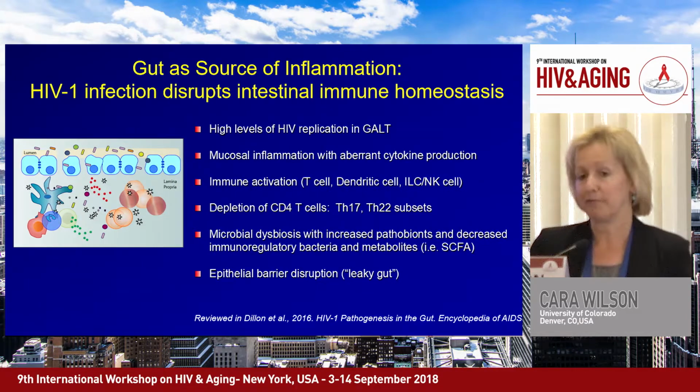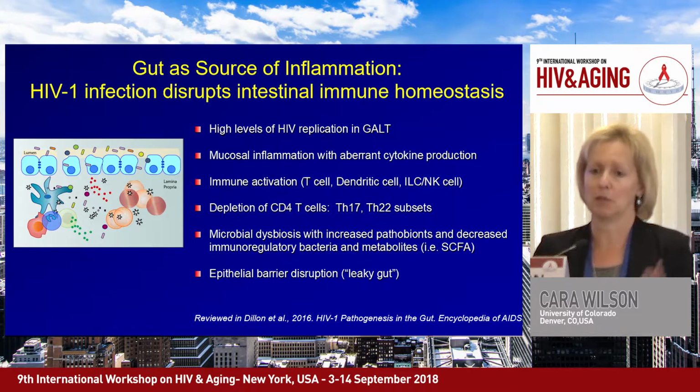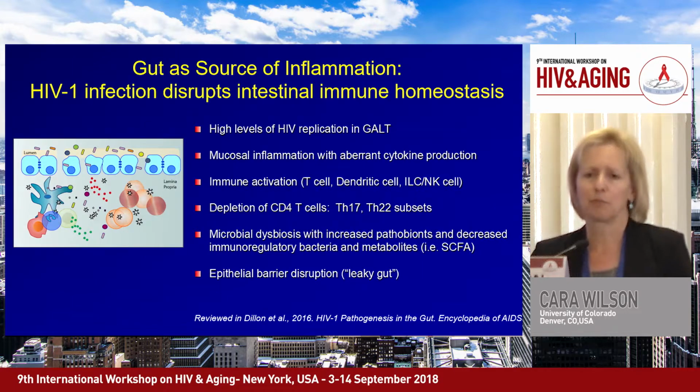And I'd like to try to convince you that the gut is an important source of inflammation in both of these clinical settings. So in terms of the gut being disrupted during HIV infection, I think this is pretty well understood at the molecular and cellular level.